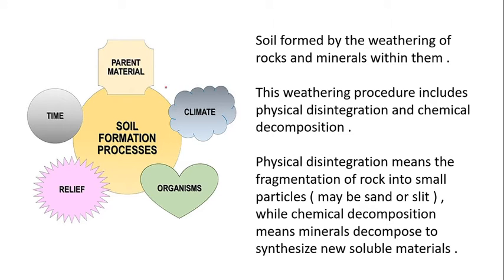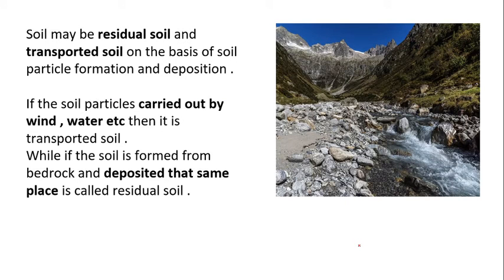This weathering procedure is mainly of two types. These are physical disintegration and chemical decomposition. Physical disintegration means fragmentation of rock into small particles, and chemical decomposition means minerals decompose to synthesize newly soluble materials.